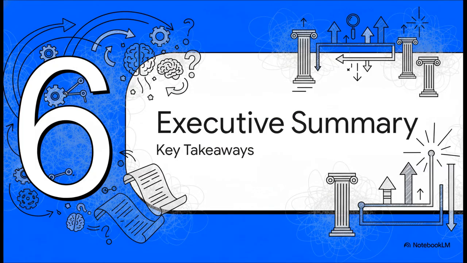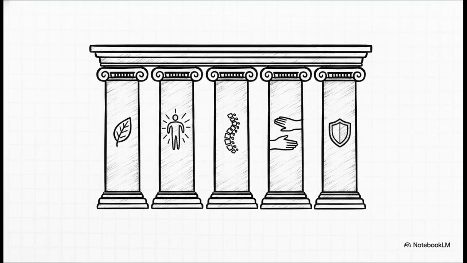Finally, Section 6, the Executive Summary. Let's distill all of this down into our key takeaways. So the crucial point is really a synthesis of everything we've just covered. If you remember nothing else from this explainer, remember these 5 pillars. First, chiropractic was founded in 1895 and remains firmly categorized as complementary and alternative medicine.